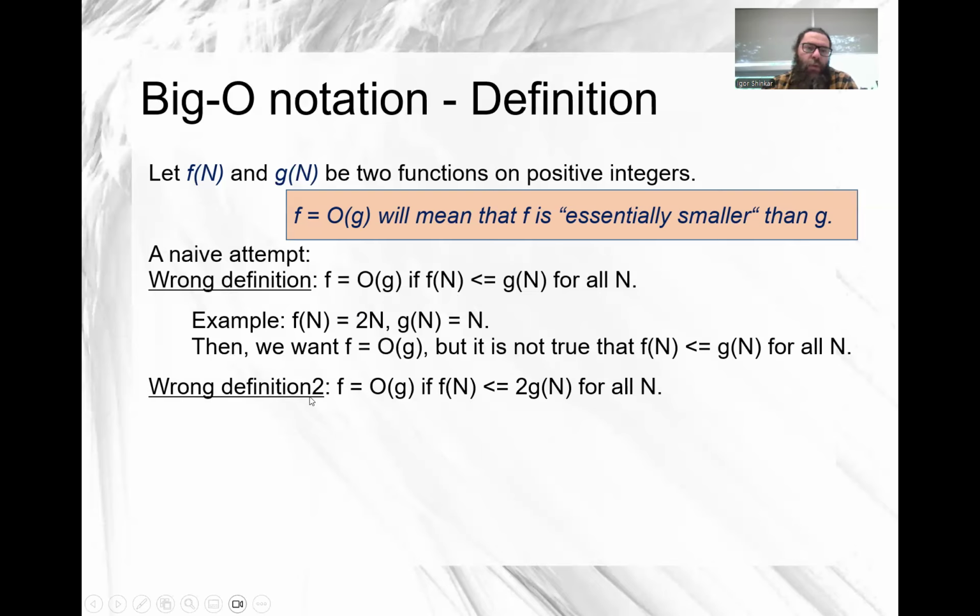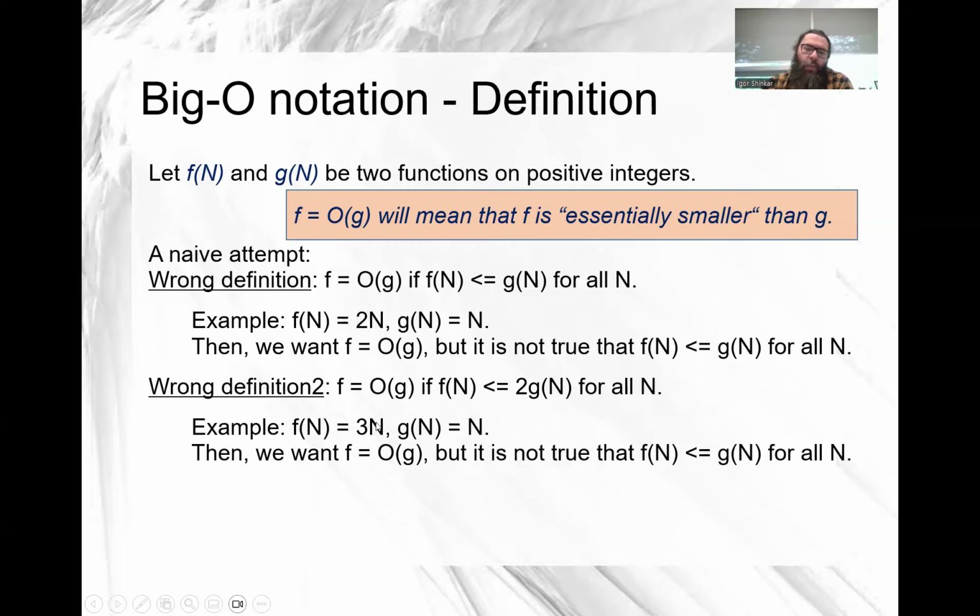We'll have another wrong definition, but kind of instructive. So here is the wrong definition, second attempt. We'll say that f is O of g if f of n is less than 2 times g of n. Oh, that's great. Then it fits this example. But wait, if f is, let's say, 3 times n, then it doesn't work, right? Because it's not true that f of n is less than 2 times n.